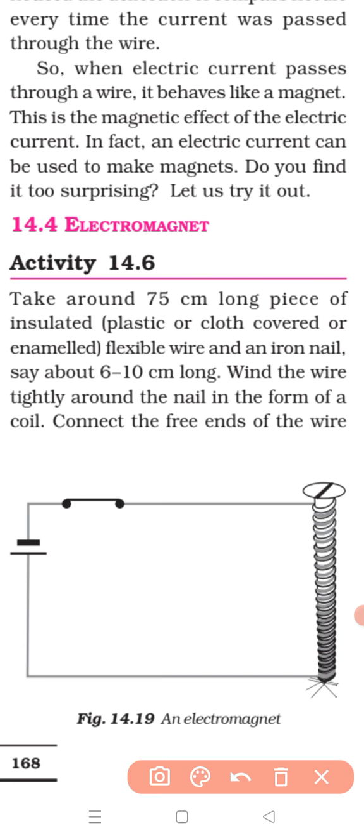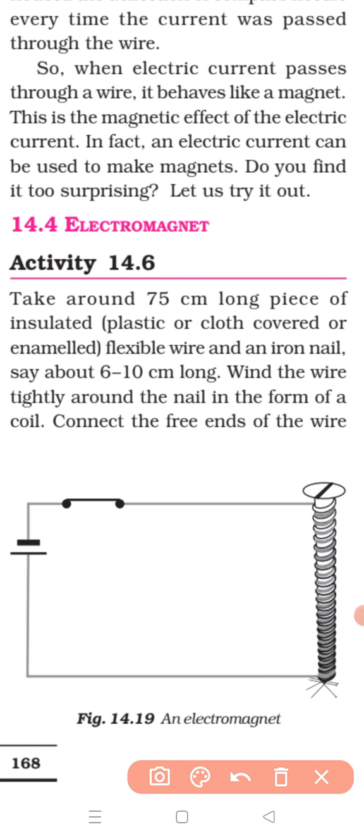Suppose you take an iron nail about 6 to 10 centimeters long; you have to wind an insulated copper wire around it, just like this, which is shown over here.